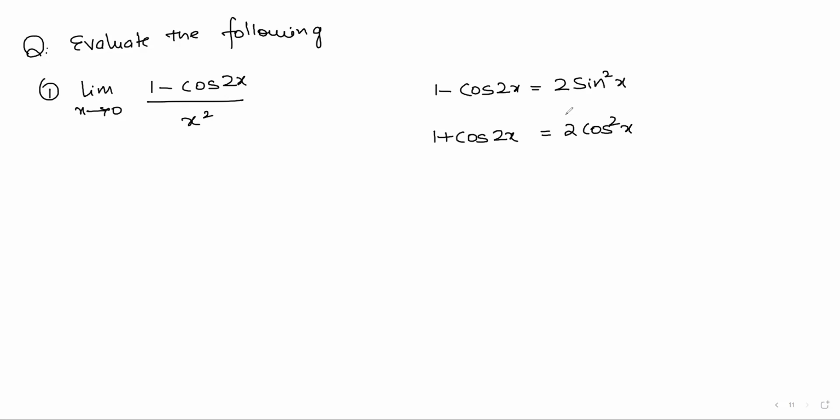Yes sir, what did you say, the audio lagged. So we have these two trigonometric formulas: 1 minus cos 2x is 2 sin square x, and 1 plus cos 2x is 2 cos square x. Okay sir. Now please try this question.